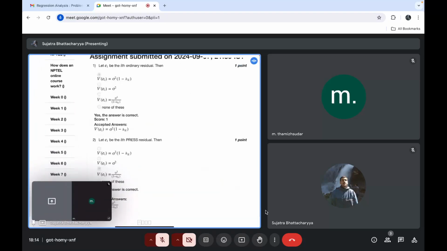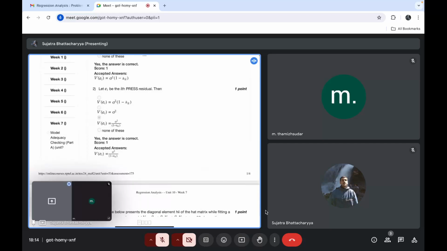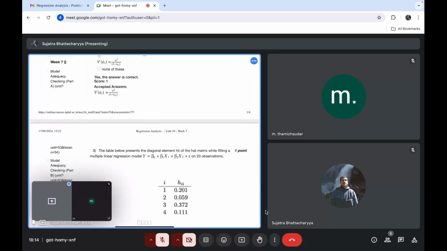So this is the second question, and we get the answer sigma square upon 1 minus h_ii.